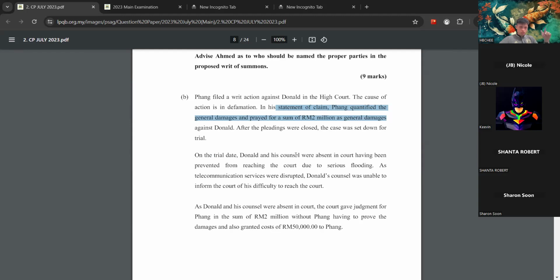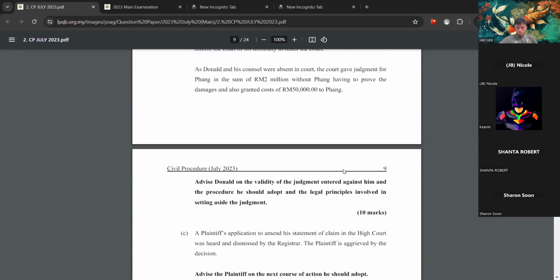Your special damages have to be quantified, but your general damages you will never quantify. This is your strong and good reason to oppose the judgment. But bear in mind, this is not a JIDA, because they entered appearance already. This is just a judgment based on none of the parties being present during the trial. So it is not a JIDA.